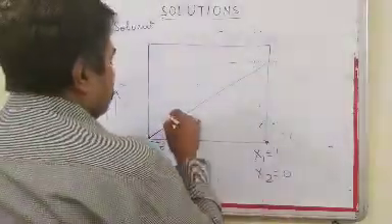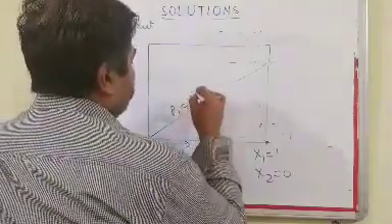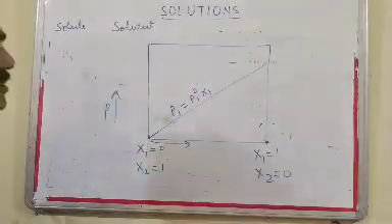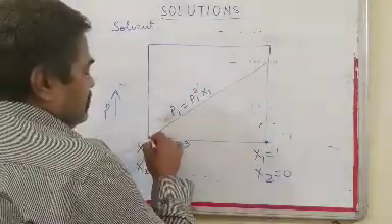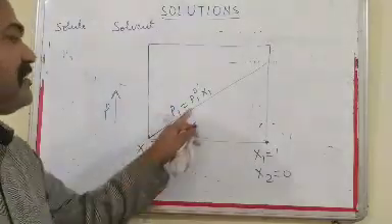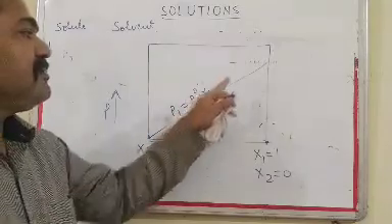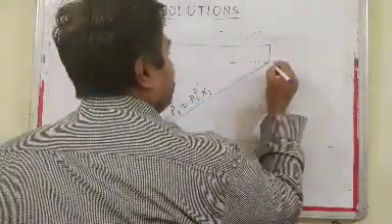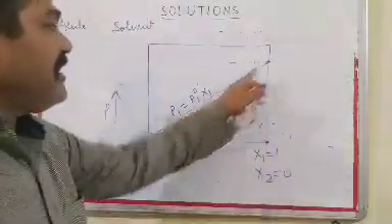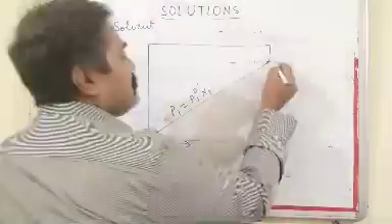This graph shows P1 equal to P01 X1. Here the partial pressure of the solvent is increasing in this way, P1 equal to P01 X1. When it reaches here, it becomes equal, because here X1 is 1, so P1 is equal to P01.